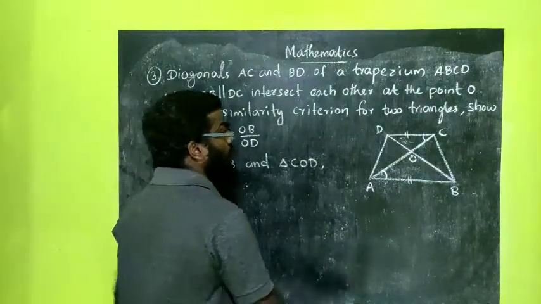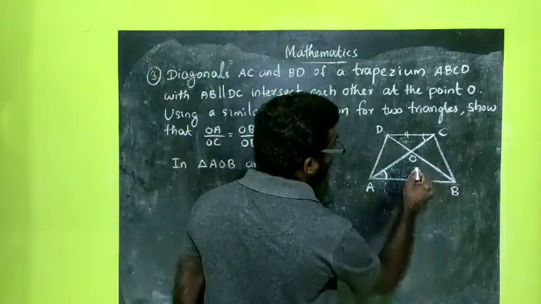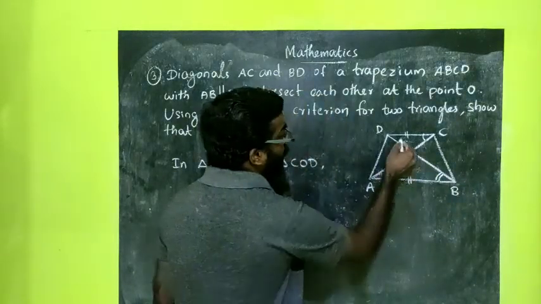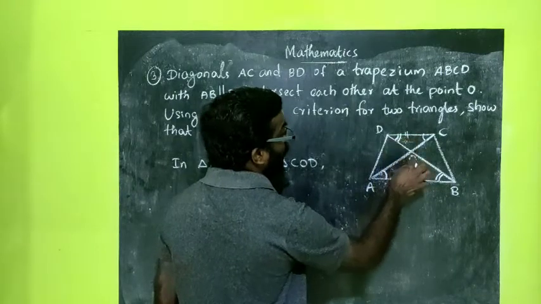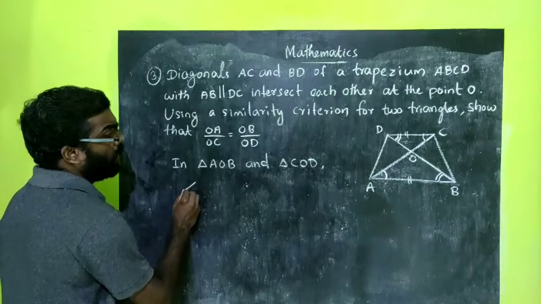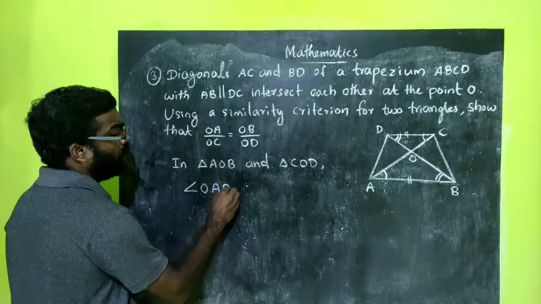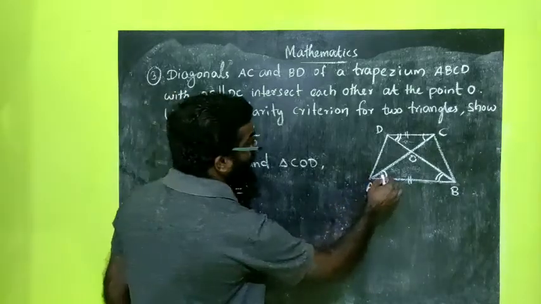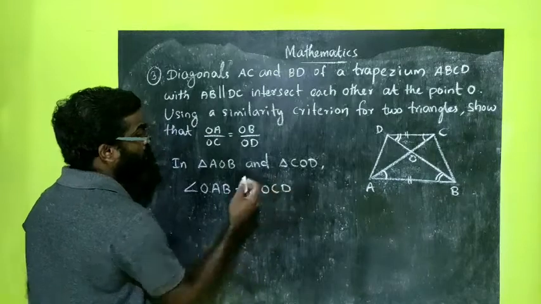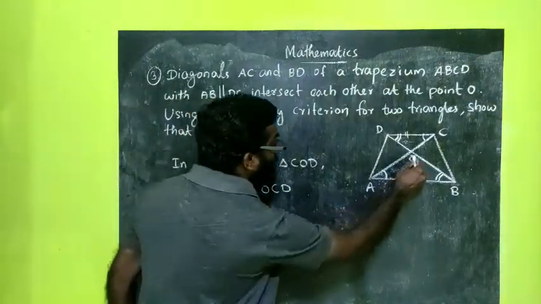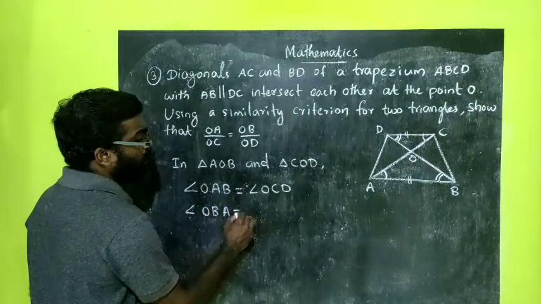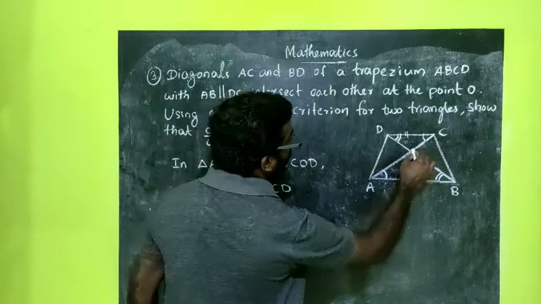And one more pair of alternate angles is there, angle OBA will be equal to angle ODC.